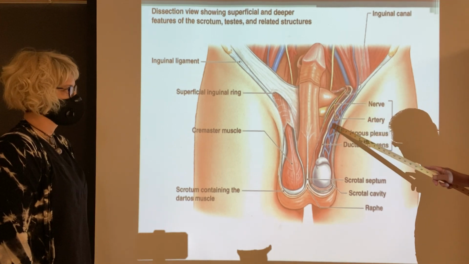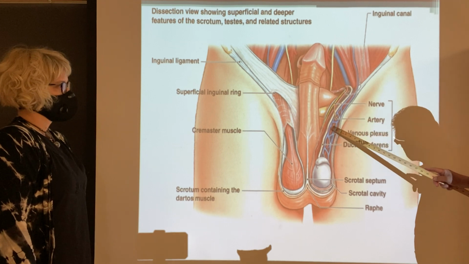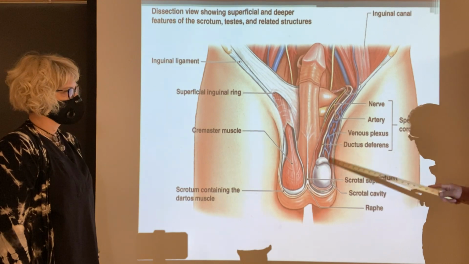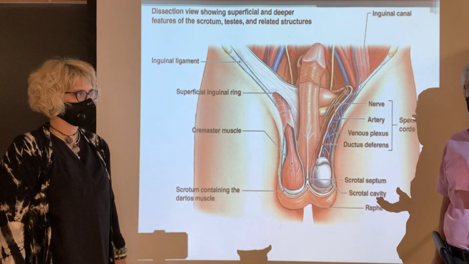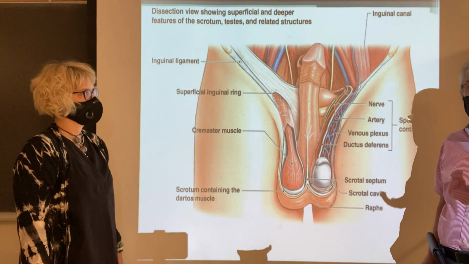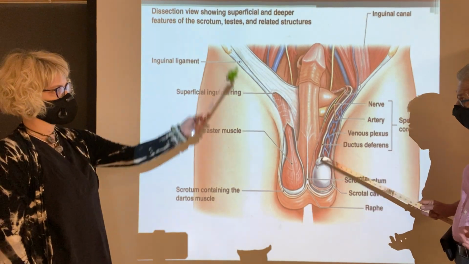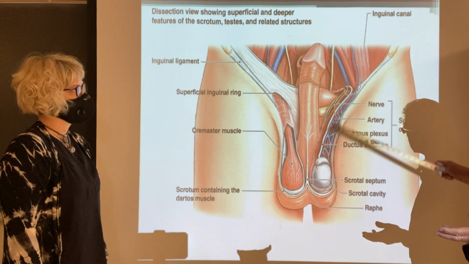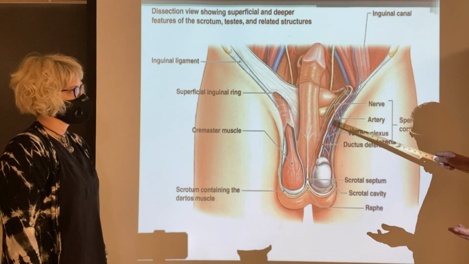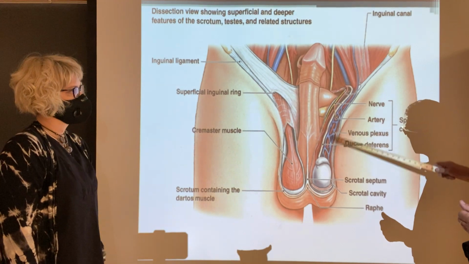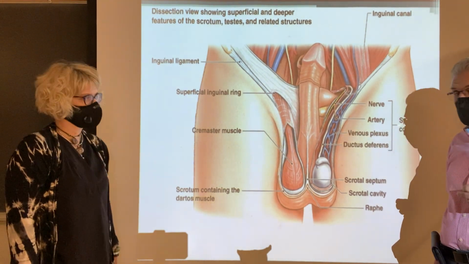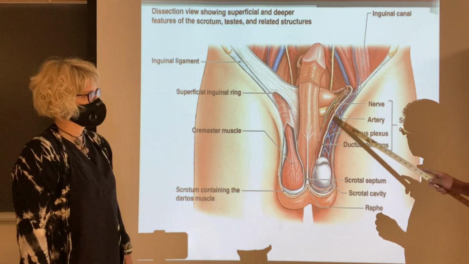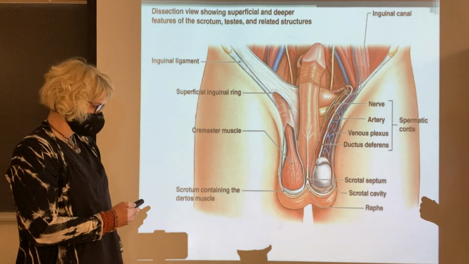As you can see, you have the artery coming down and the veins surrounding the artery, which carry deoxygenated blood away from the testicle. So this hot blood is being cooled by the cooler venous blood. Does everybody understand that? Just to make sure that you get that orientation.